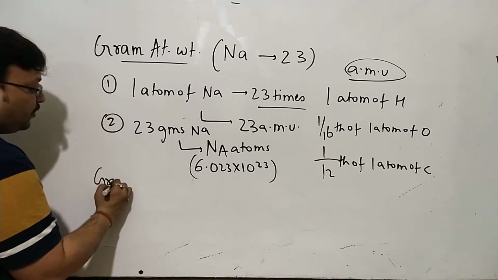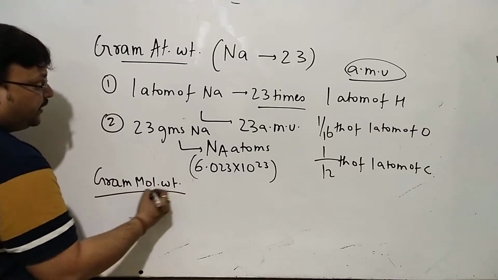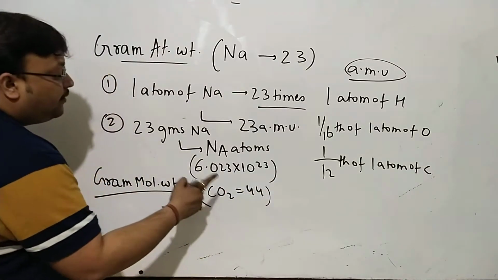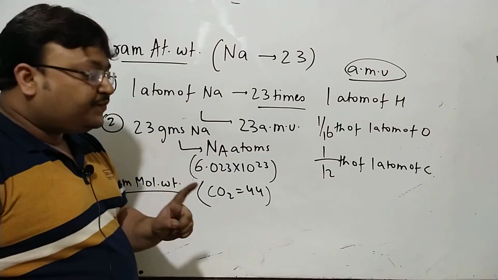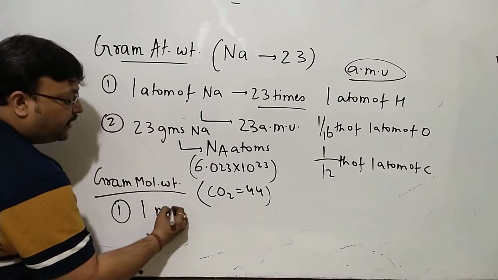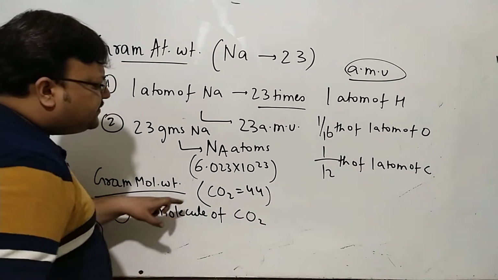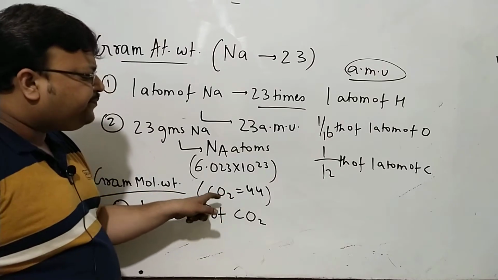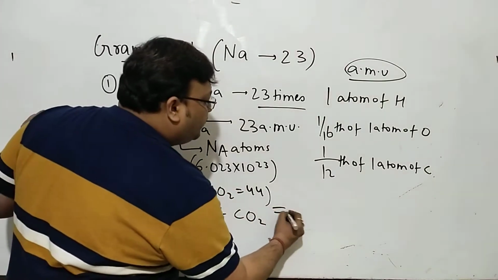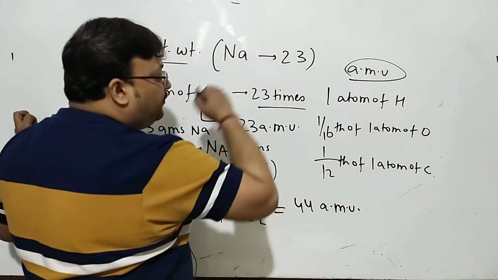Similarly, gram molecular weight. Suppose carbon dioxide is 44. It never means one molecule is 44 grams. It means that one molecule of carbon dioxide, you know how to get the molecular weight conventionally, 12 plus 16 plus 16, so 32 plus 12 is 44, is 44 times heavier than any of these.